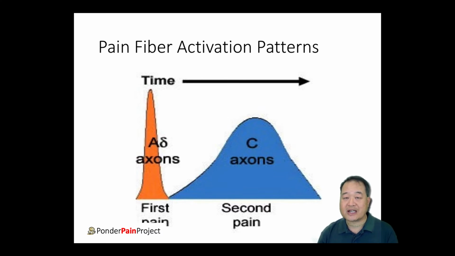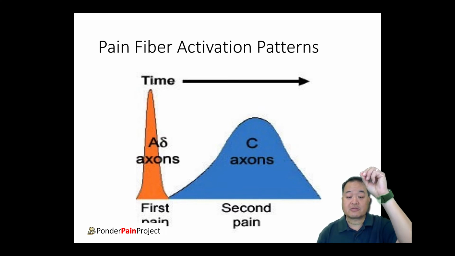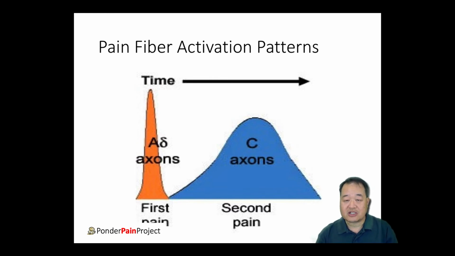We'll talk about those mechanisms in a second, but realize that as the A delta fibers start to shut down, the C fibers start to kick in. Also remember that it's more of a messenger system, a warning system. So rather than the first A deltas, which are more sharp, you then kick in the C fibers that are more of a warning.